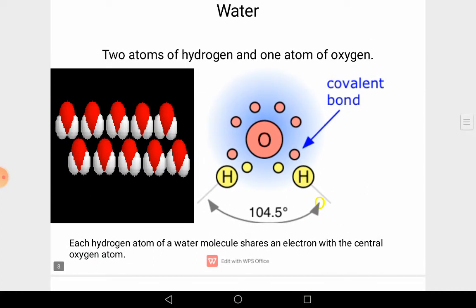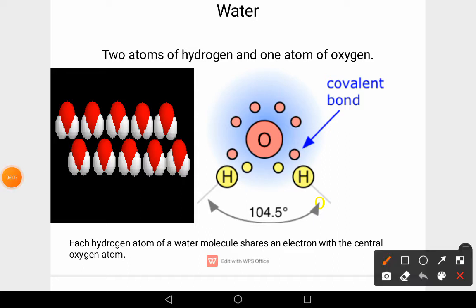The two atoms of hydrogen and one atom of oxygen form covalent bonds, and each hydrogen atom of the water molecule shares an electron with the central oxygen atom, and they form an angle, and the angle is 104.5 degrees, whereas in case of carbon it is 109.5.